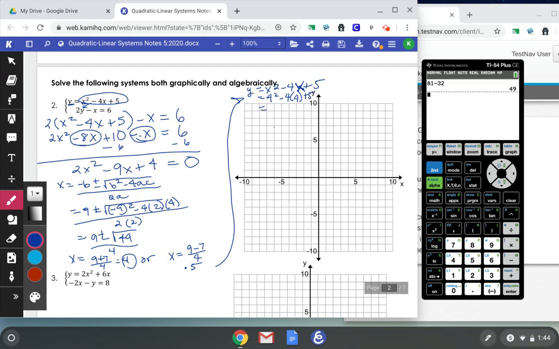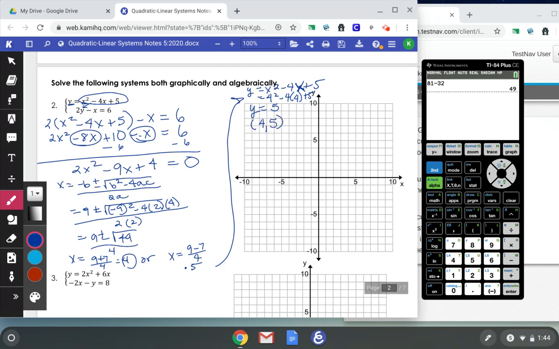So 4 squared is 16. 16 minus 8 is 8. 8 plus 5 is 13. Is that right? Oh no, I'm sorry. This is 4 squared is 16. 16 minus 16 is 0 plus 5. So y is 5. So that means that when x is 4, y is 5.